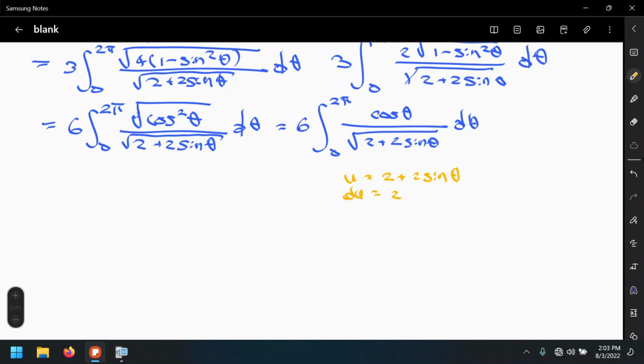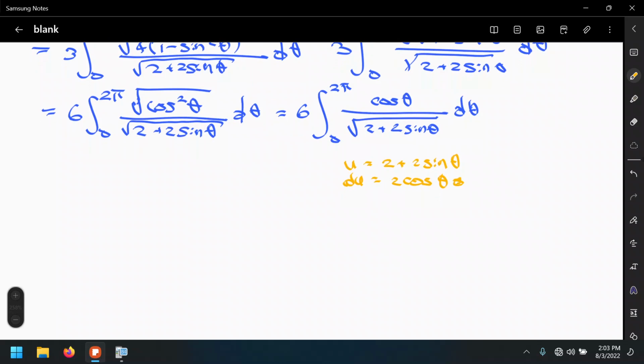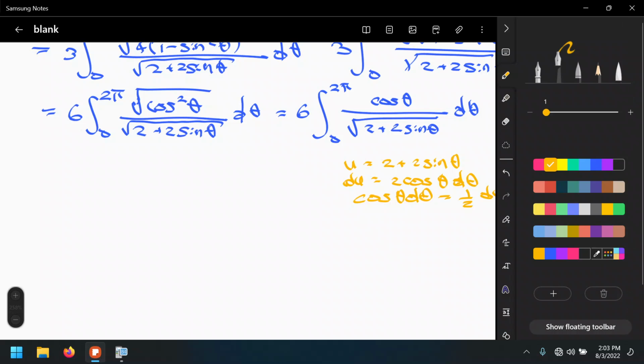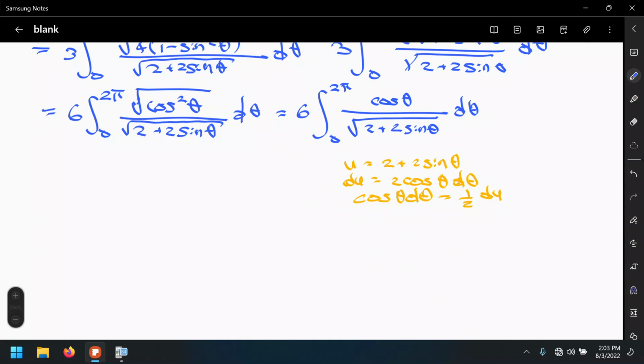So u equals 2 plus 2 sine theta, and well, this is straightforward substitution. Just cosine theta d theta equals 1/2 du. So that's going to give us the following: 6 over 2, this is the half, integral of du over the square root of u, and we need to change the limits to the world of u in this case.